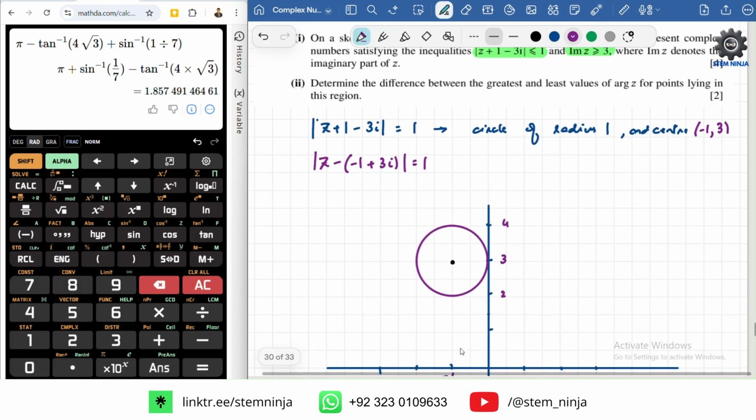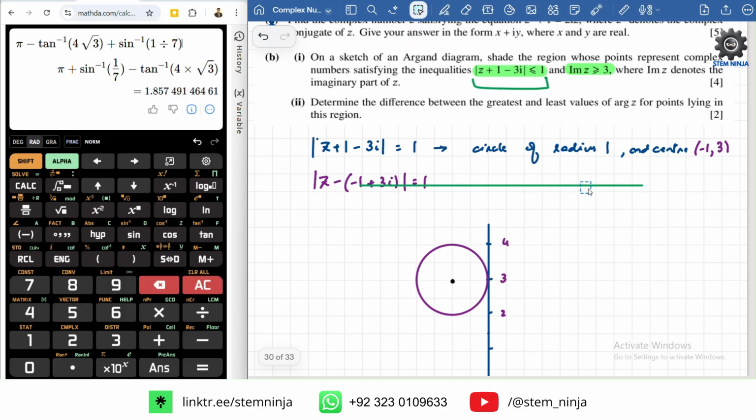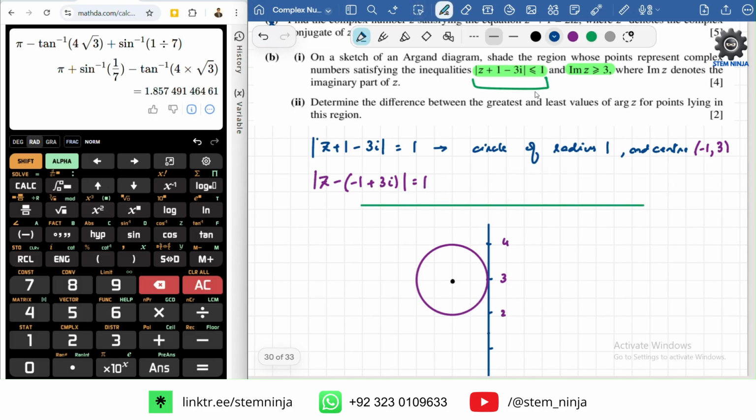This is minus 1. Okay. And imaginary z greater than 3 would mean that we need a line like this, and we'll be shading greater than that. Now, this circle part alone, if we just keep it separate for a minute, less than or equal to 1 means all the area shaded in between the circle.